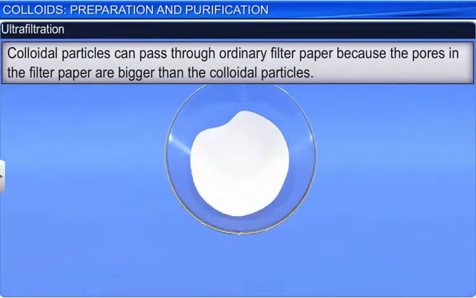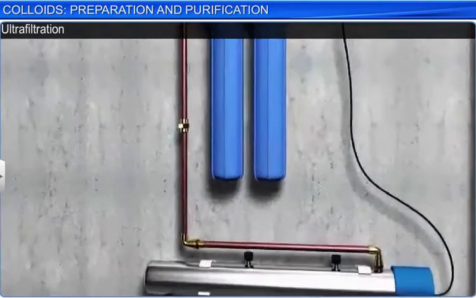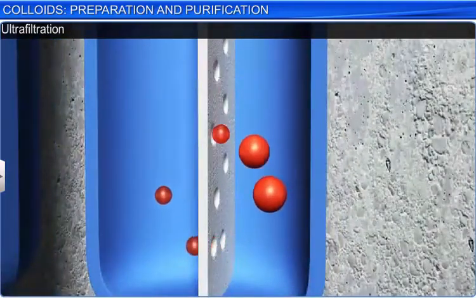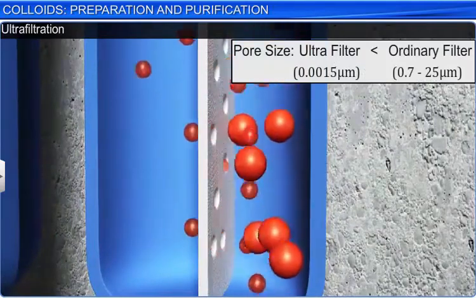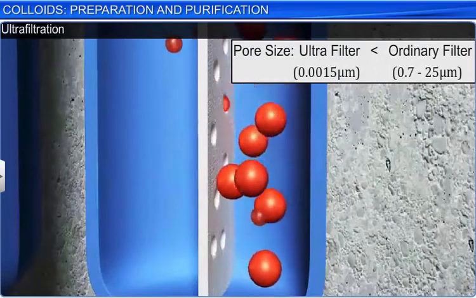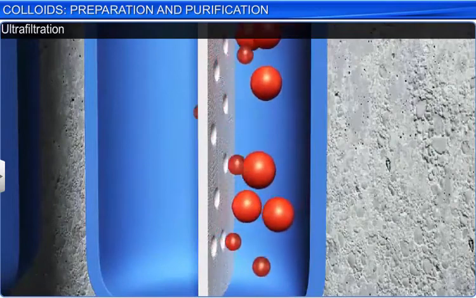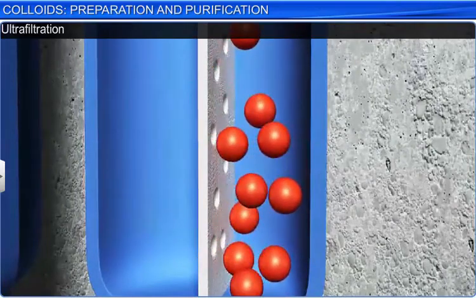The separation of a solute from a colloidal system can be carried out by using an ultrafilter, which has smaller pores than an ordinary filter. Ultrafiltration is defined as the process of separating the colloidal particles from the solvent and the soluble solutes from the colloidal solution by specially prepared filters, which are permeable to all substances except the colloidal particles.